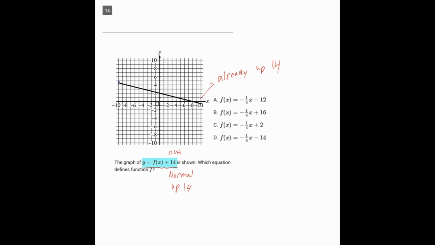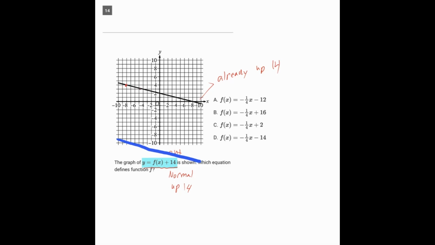So just imagine our line is generally right here. If we're going to move that thing down 14, that's like sliding it like this. By 14 units, it's going to go from +2 to -12 for its y-intercept. By the way, slope is rise over run as you go from left to right.